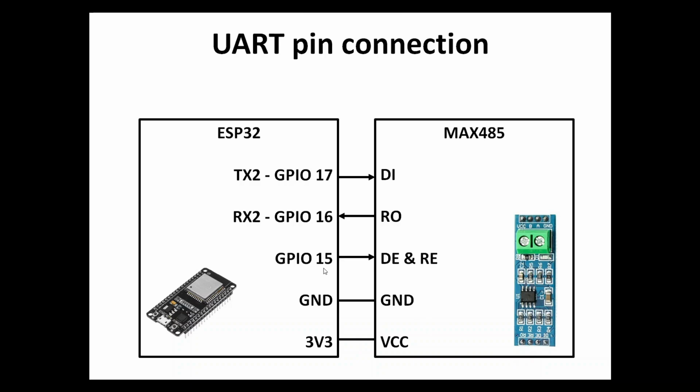We have a command pin, which gives those two pins, which are shorted, a discrete or logical 0 in order to give a command to send or receive. And we have ground and VCC connected. That's it regarding our hardware setup.